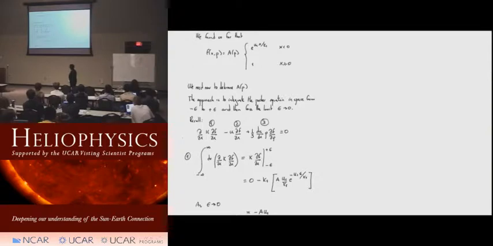Here is my full Parker equation, but now I'm putting in the acceleration term. It's important because I'm at the shock. So I integrate in x just before and just after the shock.